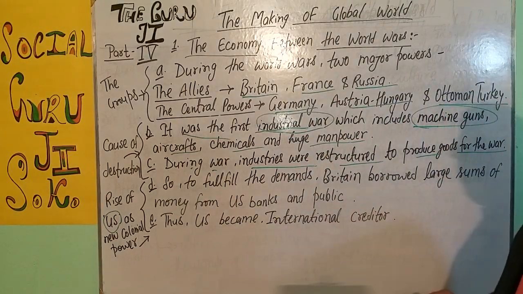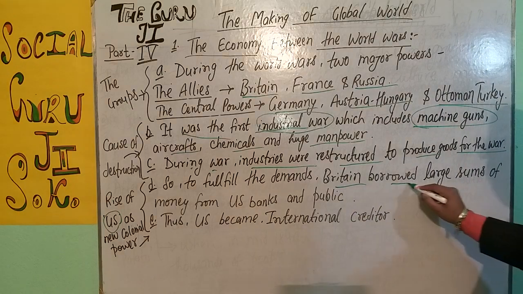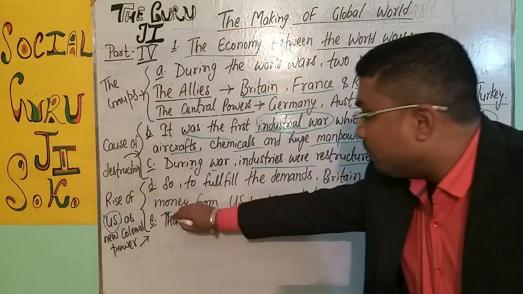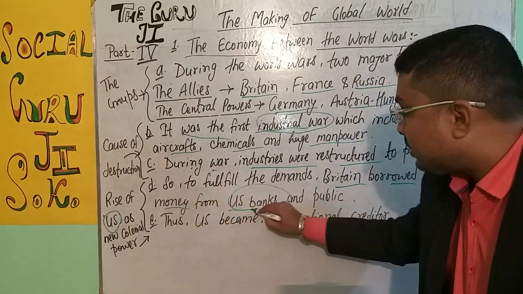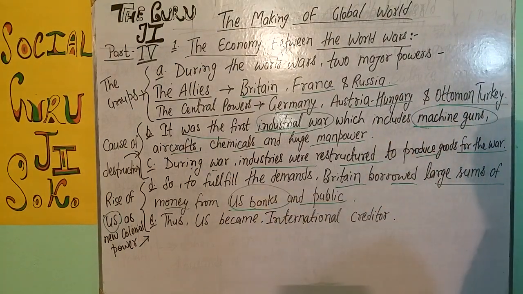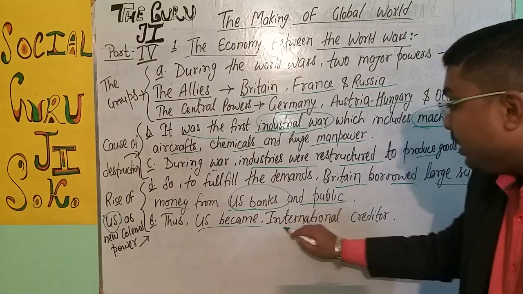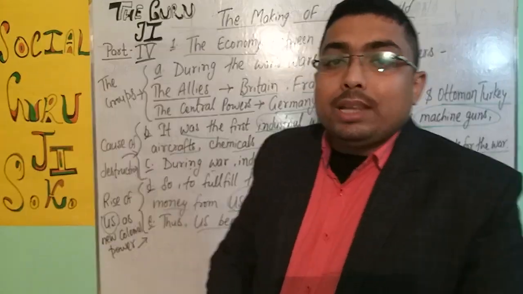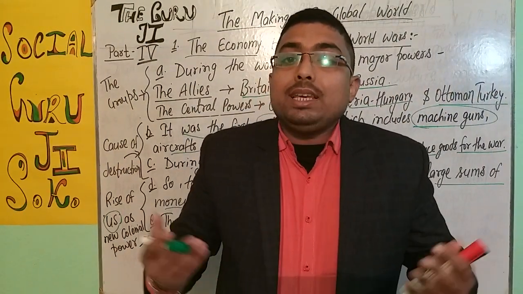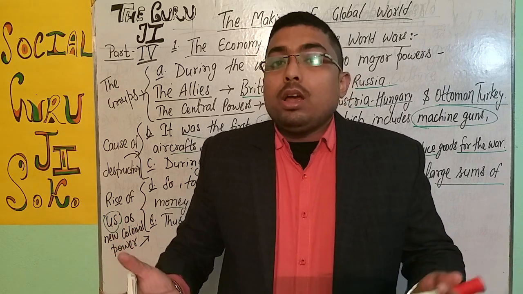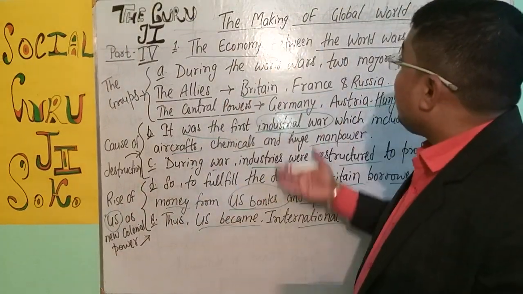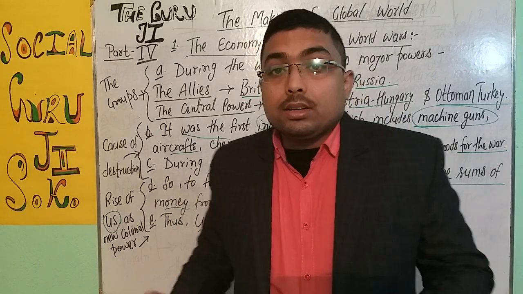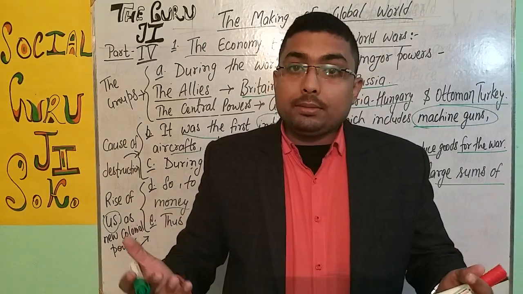To fulfill the demands, Britain borrowed a large sum of money from the US banks and the public. So after the World War, the US became an international creditor and eventually owned a lot of overseas empires. So it is all about the conditions during the World War. Okay?